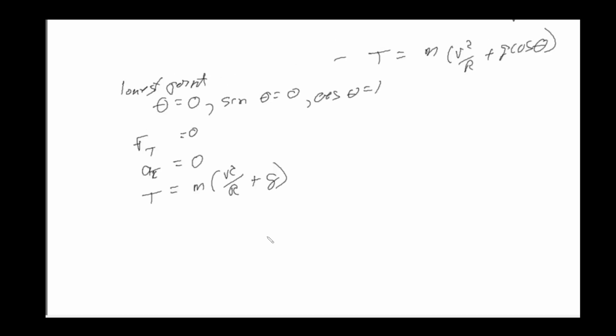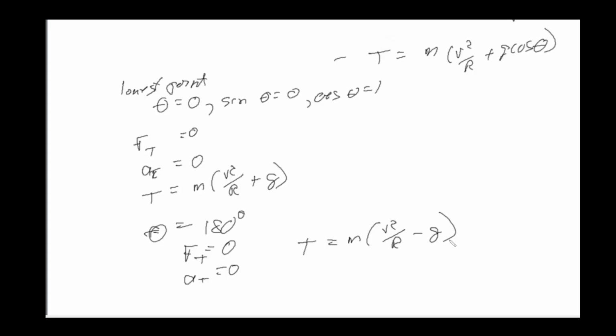Now, if we do the opposite, and look at when theta is equal to 180 degrees, the tangential force is equal to 0, the acceleration is equal to 0, but in this case, T is equal to m times v squared over r minus g, because sine still equals 0 here, but cosine is equal to -1 at 180 degrees.